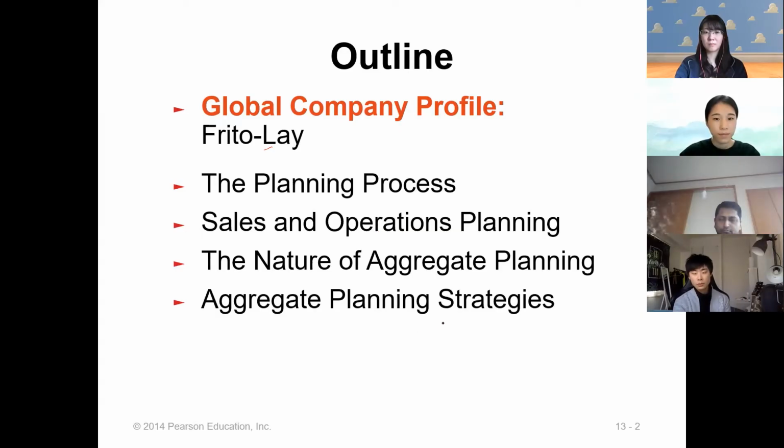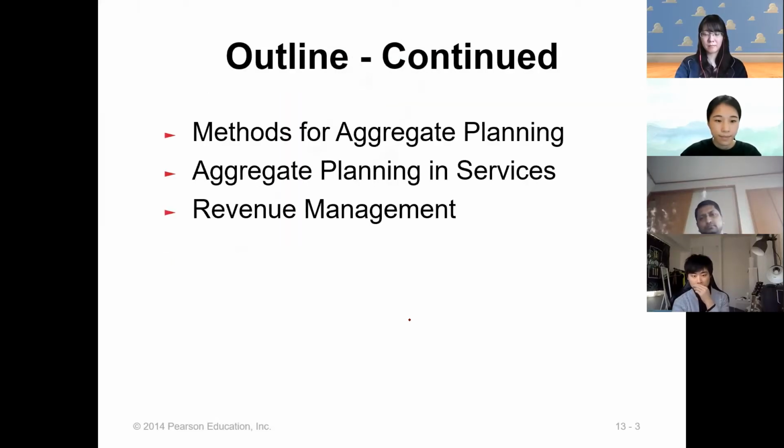From there, we talk about aggregate planning strategies, how to make sure that we have enough capacity. If we do not have enough capacity, what should we do? What are the things that we can use? So there are methods for aggregate planning. I'm going to focus on a little bit of calculation, because we need to do a little calculation to see which is the best plan according to our strategies.